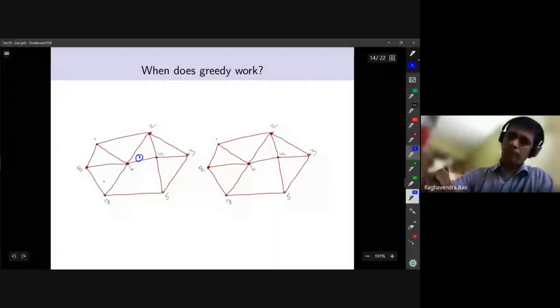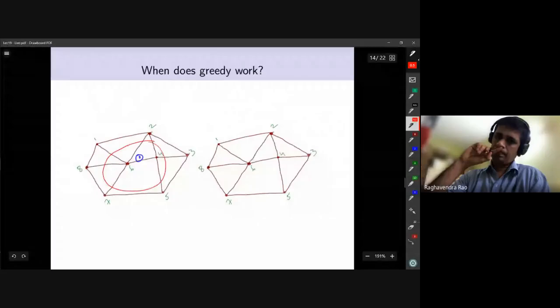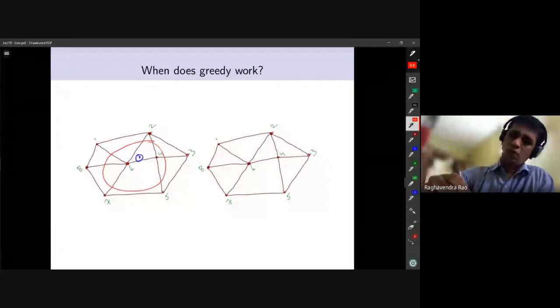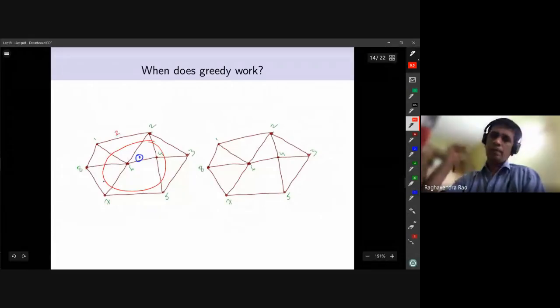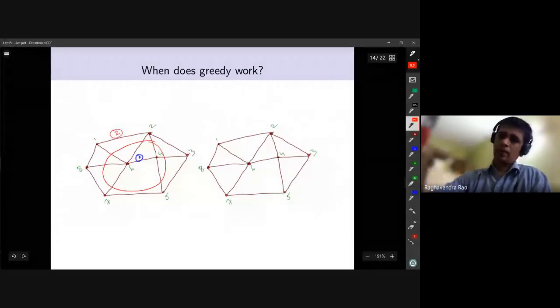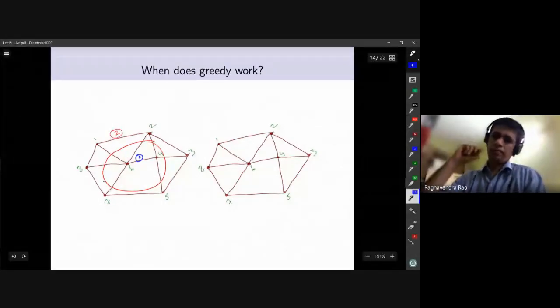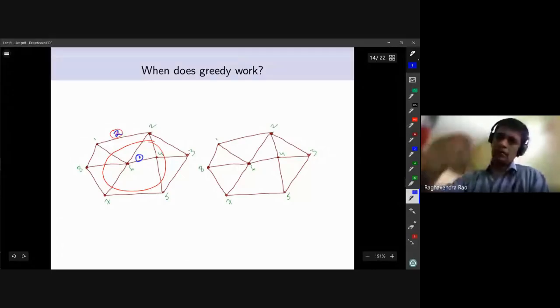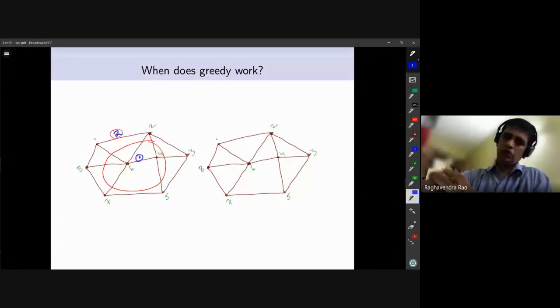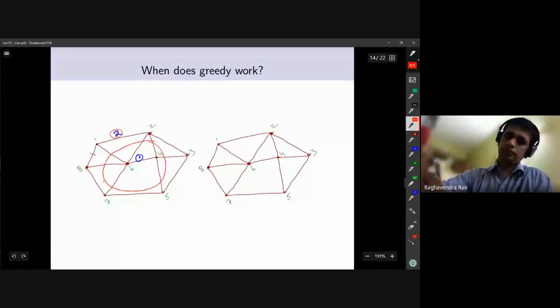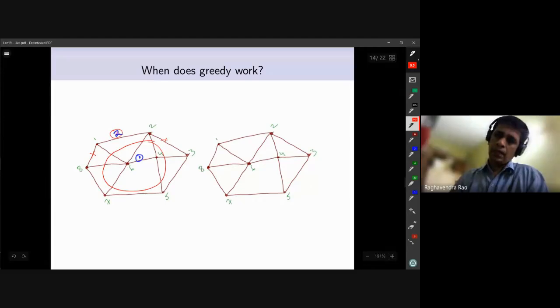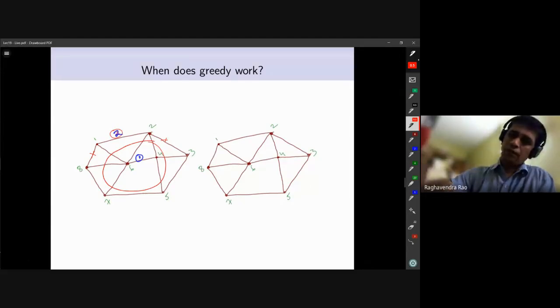Now, next choice will be 1 2. Sorry, it should be blue. Now what happens? So now these edges are gone. Next choice will be 7 5.